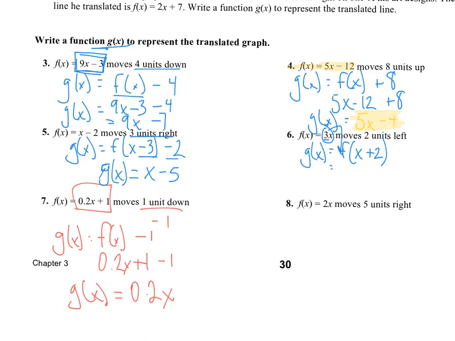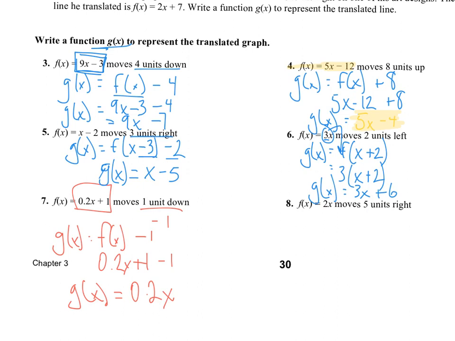This 3 ends up being where the f is. So now it's 3 times this quantity, x plus 2. So my new g function is 3x plus 6, just the distributive property there. Again, if you are not sure, go to Desmos and graph those two: f of x equals 3x, g of x equals 3x plus 6.